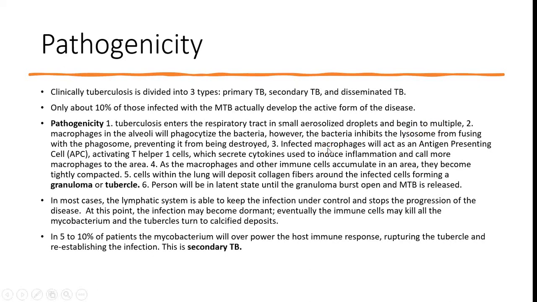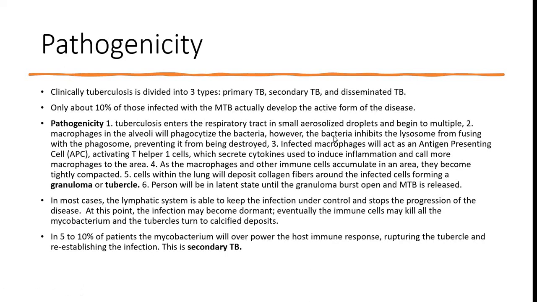And think about it. What are the first cells that come in? Those phagocytic cells, and in particular, the alveolar macrophages. So the macrophages in the alveoli are going to come in and phagocytize the bacteria. But like we've already mentioned, the bacteria are going to inhibit those macrophages from being able to actually destroy it.